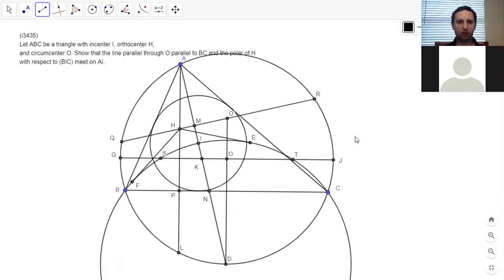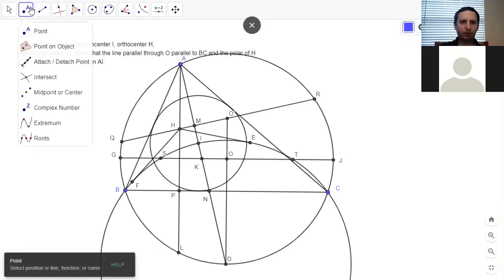Because we want to show that AH over DO prime is equal to AM over MD, right? Let me draw the midpoint of BC too.